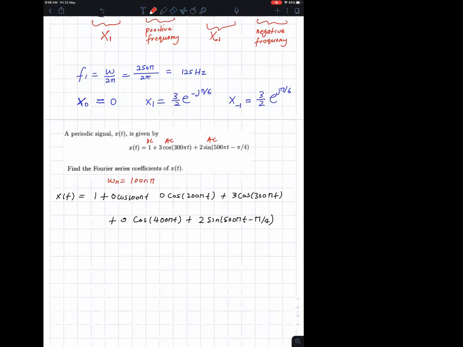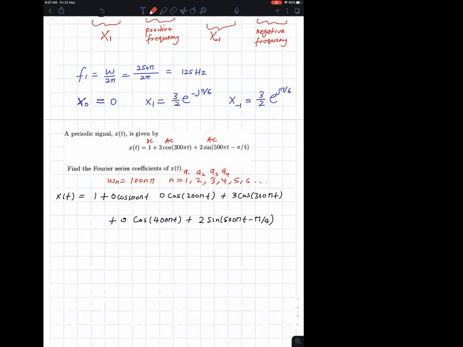So you're going to get n equals 1, 2, 3, 4, 5, 6, and so forth. So n equals 1 will give you the Fourier coefficient A1, A2, A3, A4, and so on.